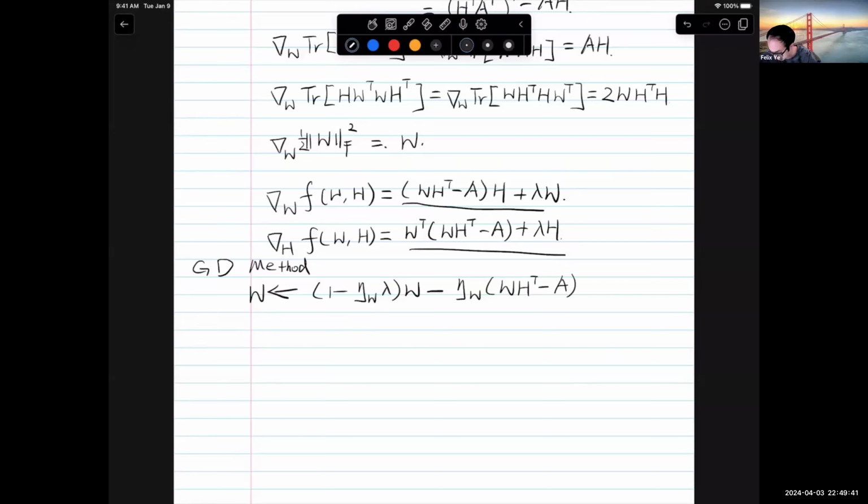So this is basically a very simple way of approaching everything. Same thing for the H: eta H lambda of H, subtract eta H, W transpose, WH transpose minus A.